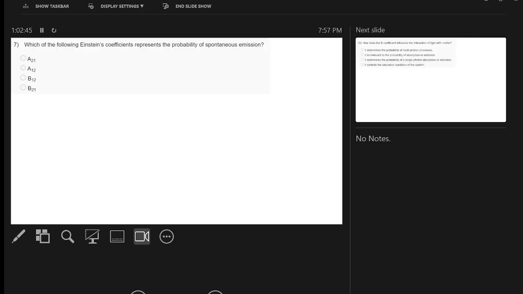So the first question is, which of the Einstein coefficients represents the probability of spontaneous emission? So you saw there the A coefficient. Emission means, let's say I'm writing this as state 1, this is state 2, the particle has to come from here to here. So the A coefficient represents emission.